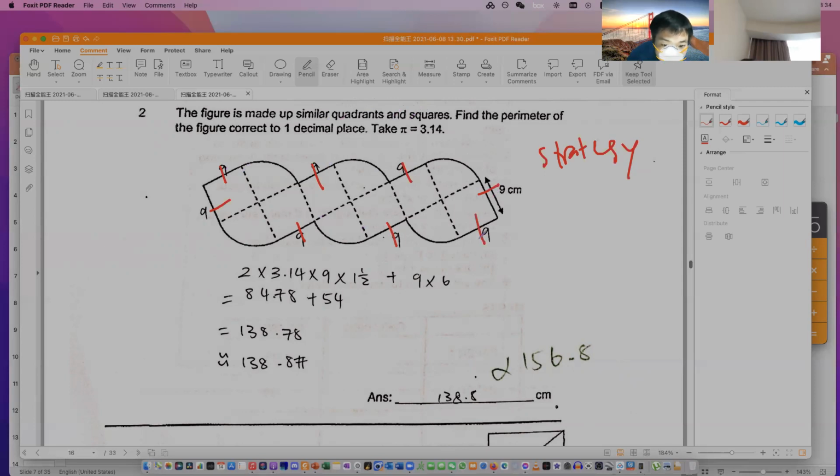So you have 8 straight lines. Next, 1, 2, 3, 4, 5, 6. So you have 6 quadrants. Did I miss out anything? I just double check, go one round, double check.